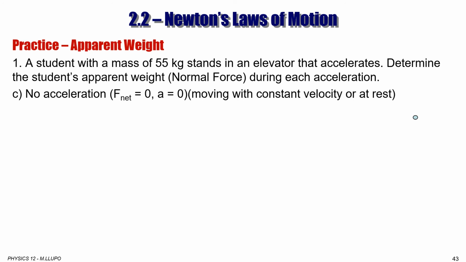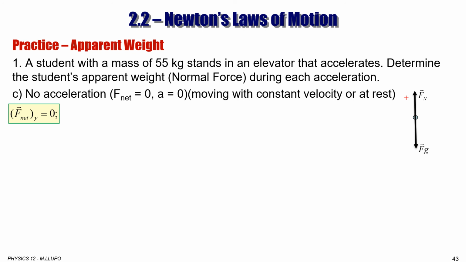Since it is in equilibrium, we just keep it traditional, positive up. Then we apply first Newton law, not second, first Newton law, because F net is 0. So F net y is equal to 0. That means the sum of all forces is equal to 0. So Fn and Fg have to sum to 0.